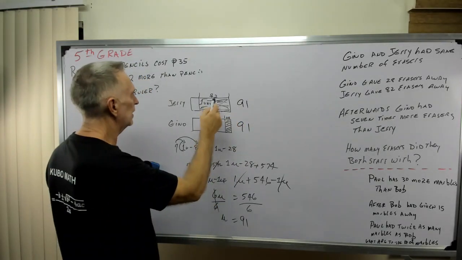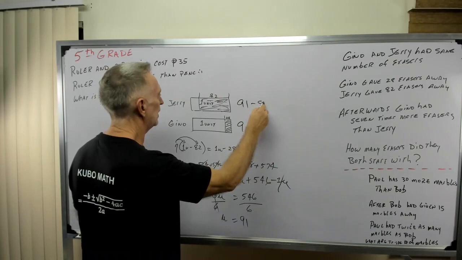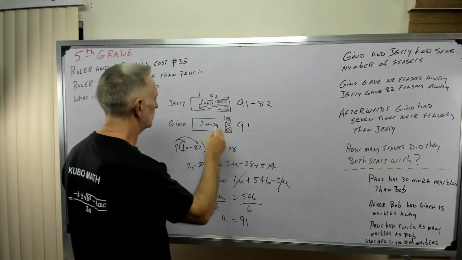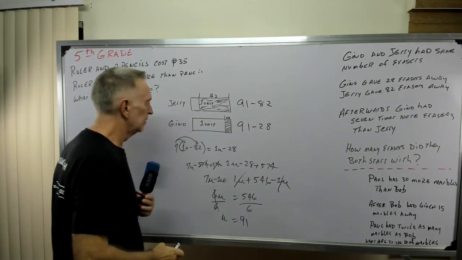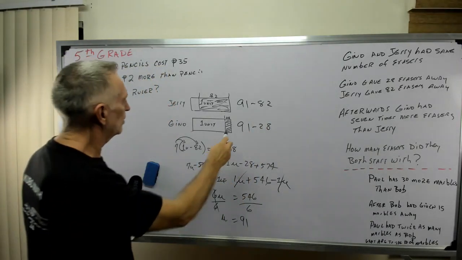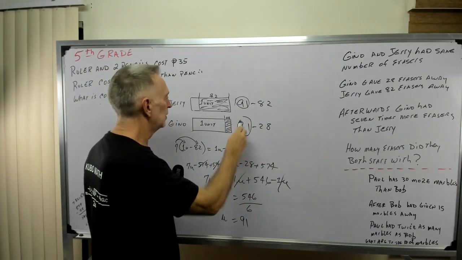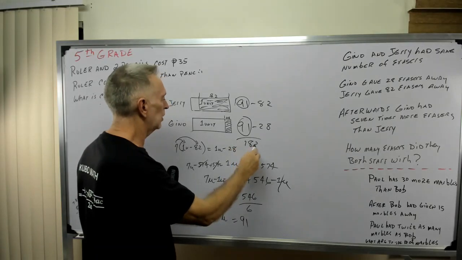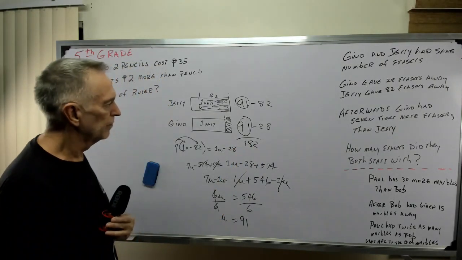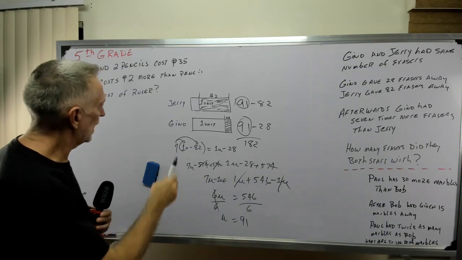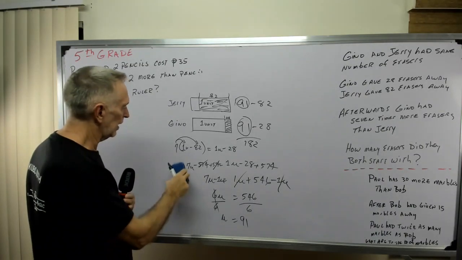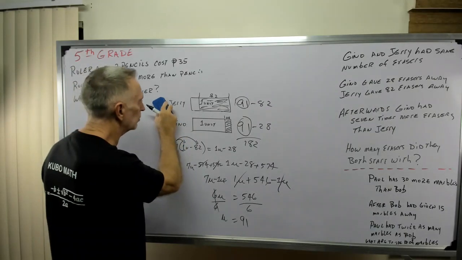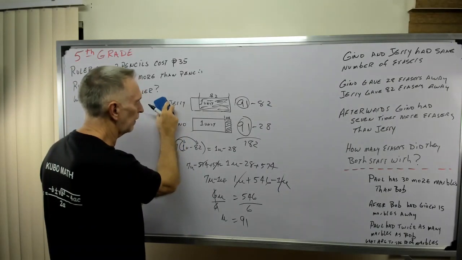Of course, he ended up with 91 minus 82, and this person ended up with 1 unit minus 28. But they started with 91 each, which would be a total of 182. All right, that would be an example of how to use the block model to get a solution there.